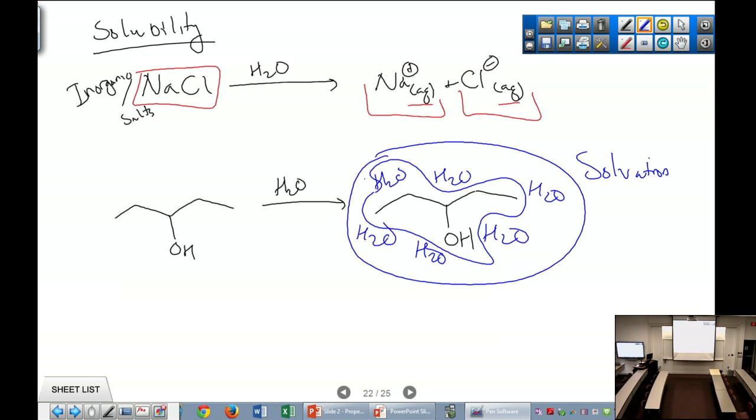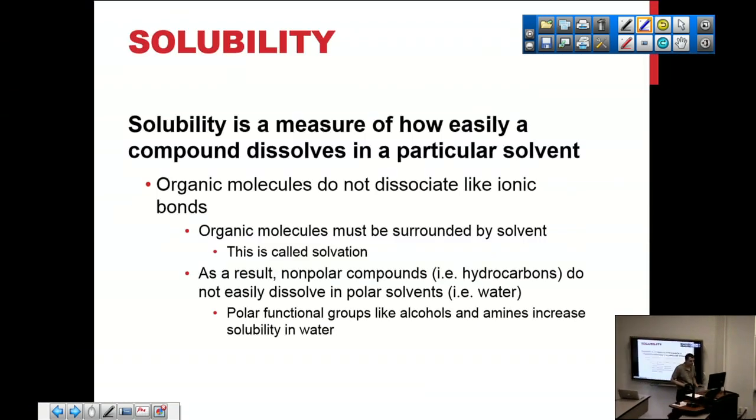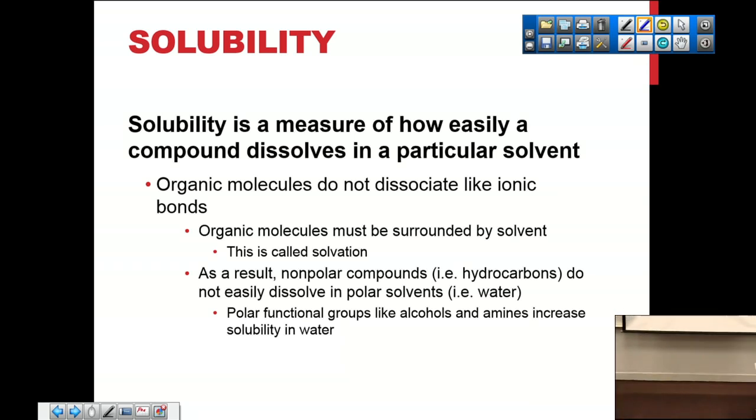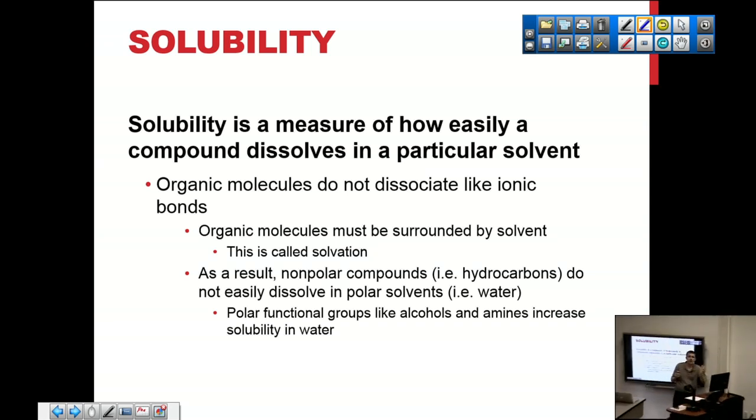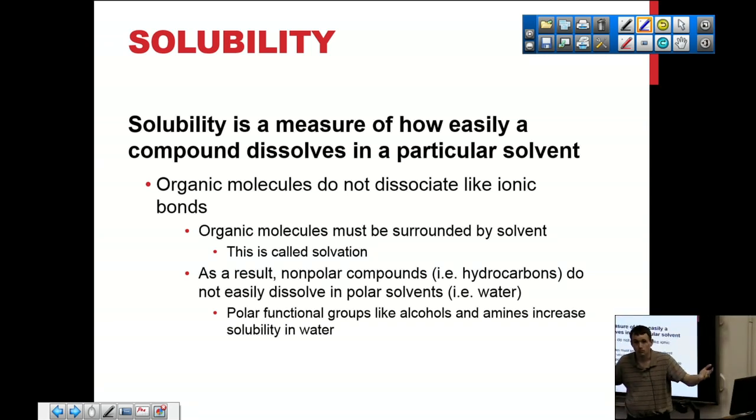Right? Now, if you remember from Gen Chem, you should have remembered likes dissolve likes. Right? What does that mean? Polar compounds like to be dissolved in polar solvents.